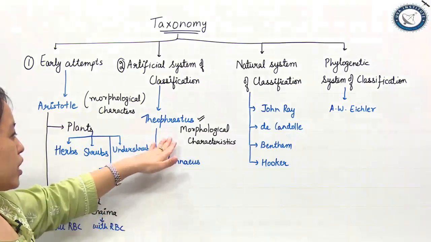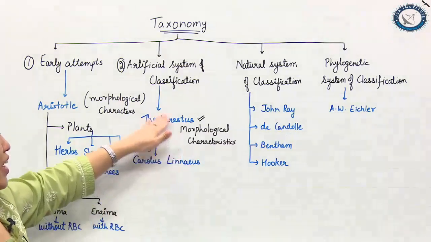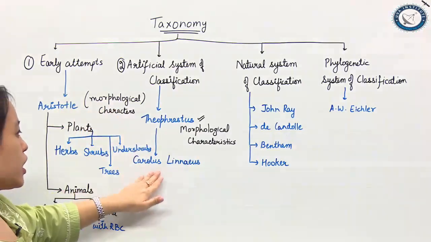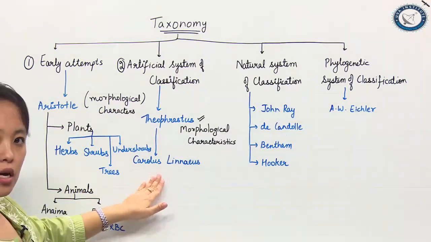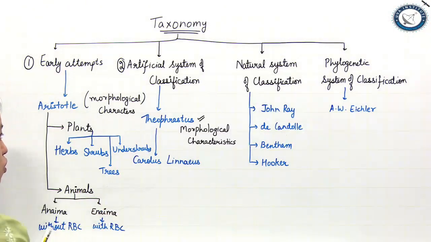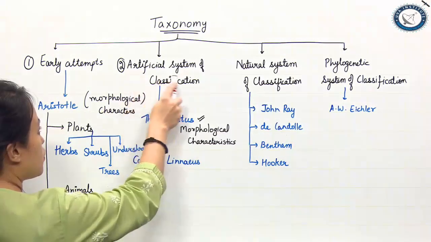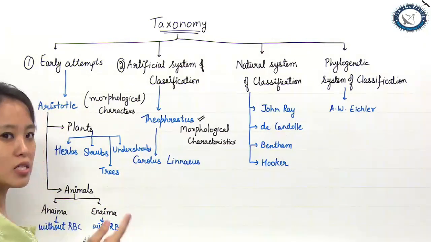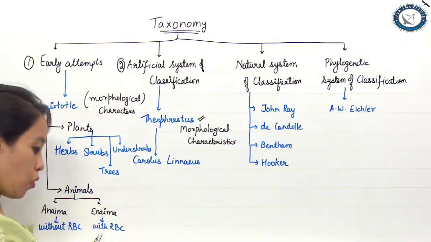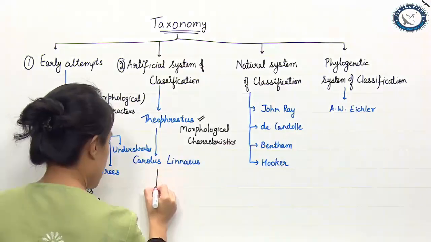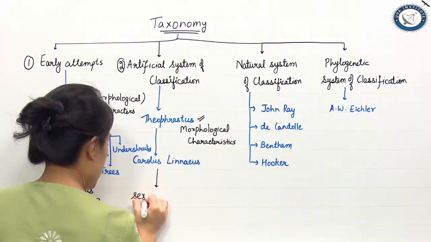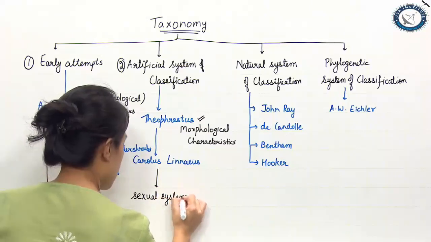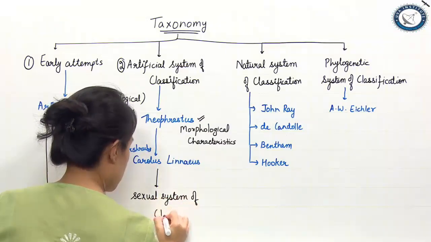Okay, on the basis of the characteristics observed by Aristotle and Theophrastus, it was Carolus Linnaeus. Carolus Linnaeus also gave an artificial system of classification, but Carolus Linnaeus' artificial system of classification is also known as the sexual system of classification.